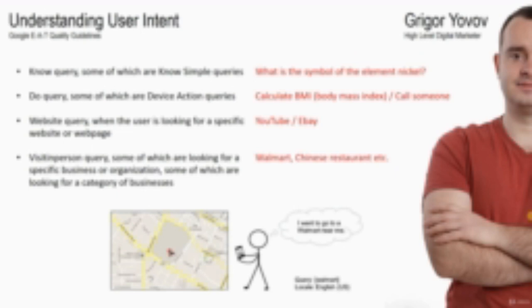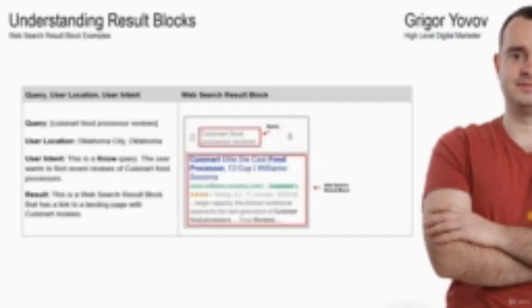We have also web search result block examples. These are blocks that are results from a specific query. Let's say in this case we have the query Cuisinart food processor reviews, and user location Oklahoma City, Oklahoma.